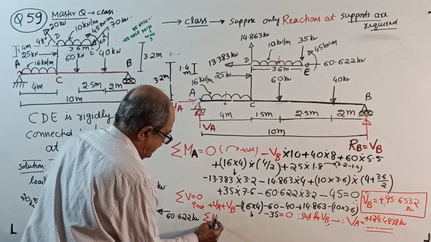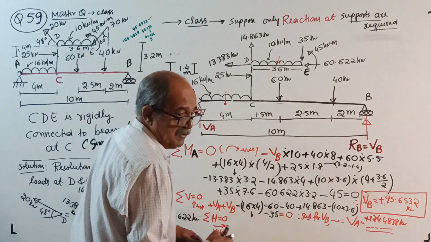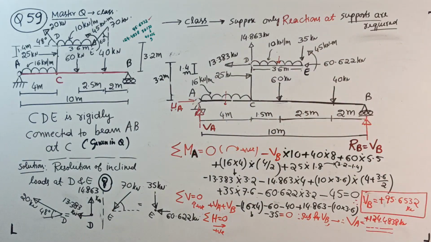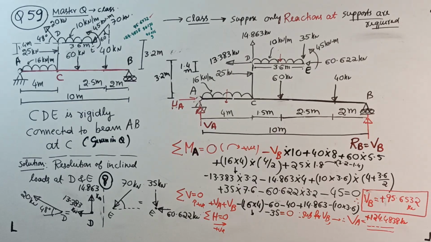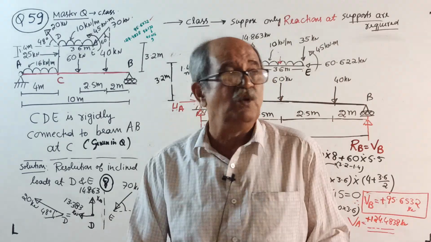Sigma H 0, take right side positive, safer side. This all I can avoid if I have a laptop covering simultaneously here. That's why I am going fast. If a laptop is there, I can see from here only.